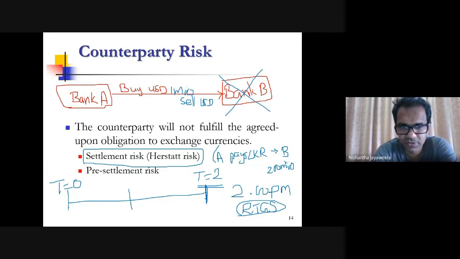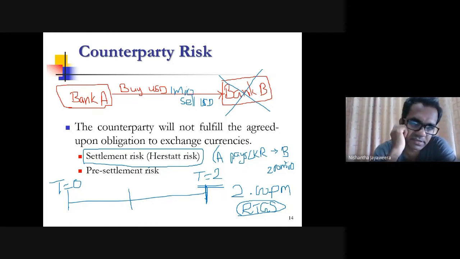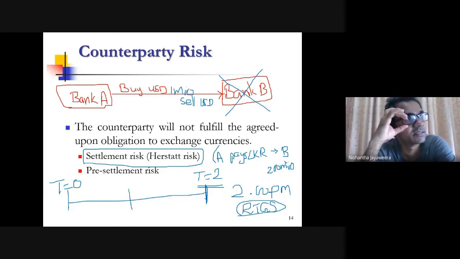This came to the surface with a very specific incident in Germany. There was a bank called Herstatt Bank, which is why it's also called Herstatt risk. It's a German bank. This was, I think, 1976.